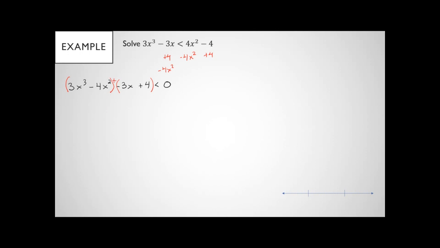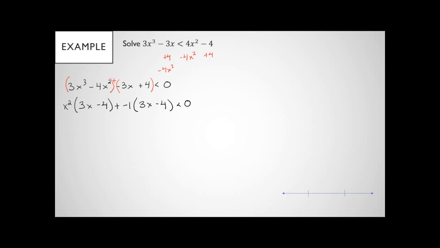So my first group, I have 3x cubed minus 4x squared. So I can factor out an x squared, which gives me 3x minus 4. And then if there's a negative in your next group, I need to factor out a negative. I'm going to just factor out a negative 1, which gives me 3x minus 4.